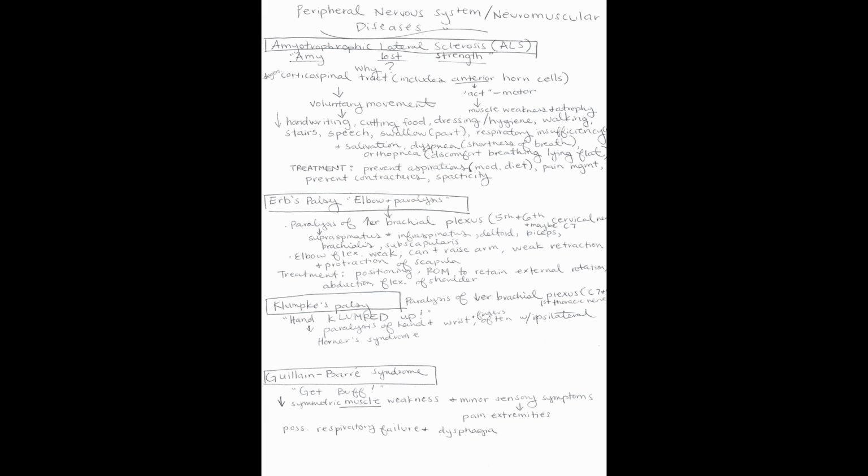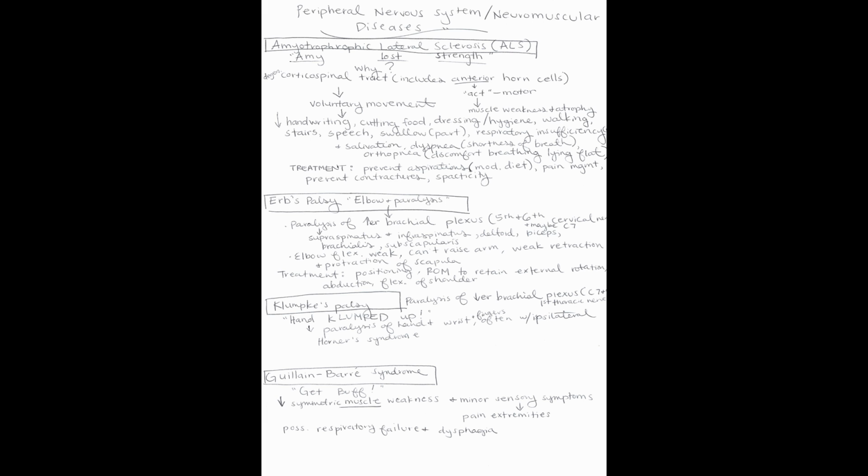In my acronym Amy lost strength, the strength part comes from the anterior horn cells, which is part of the corticospinal tract. So these anterior horn cells, I remember them as motor by anterior. The word I associate with it is act, and in order to act, your motor function needs to be well working.